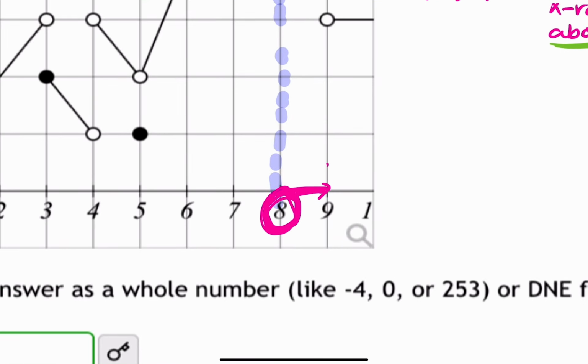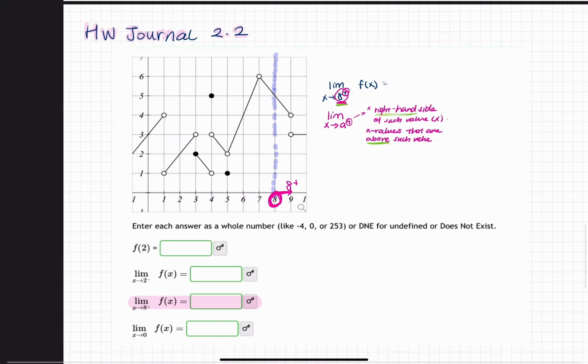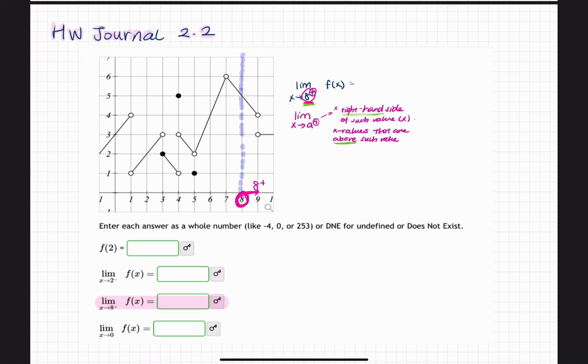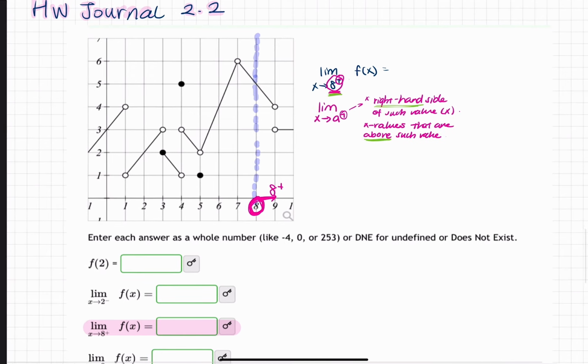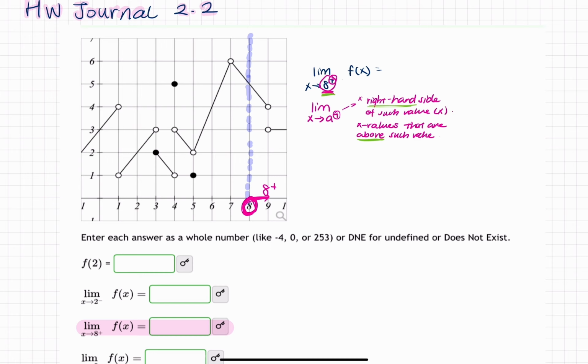This refers to a plus, or the right-hand side of 8. We can see where the line meets the x value 8, and the value is 5.